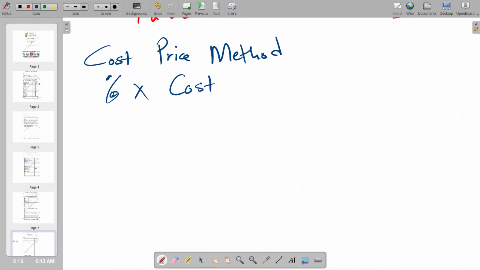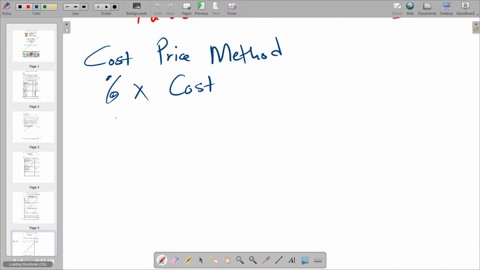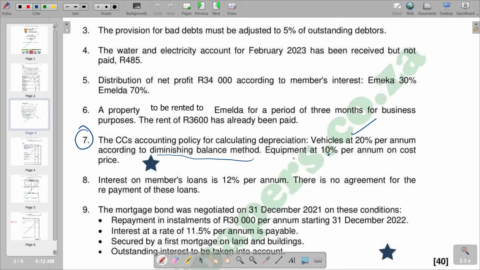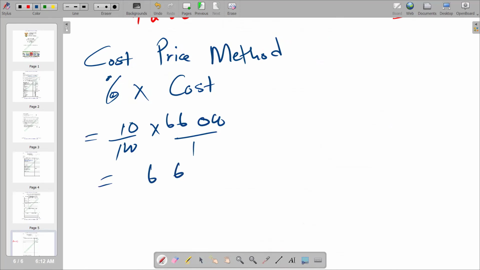Basically, we have our cost for equipment as 66,000. The percentage that we have is 10%, which is 10 over 100 times 66,000. Obviously, you're going to get your answer, 6,600.